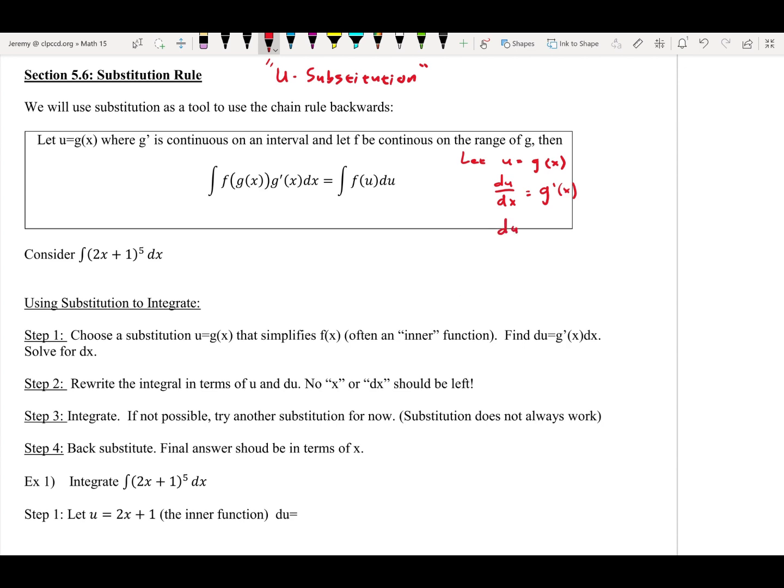So then du will be equal to g prime of x dx. Notice that these two factors, g prime dx, appear right here in the statement of the rule.